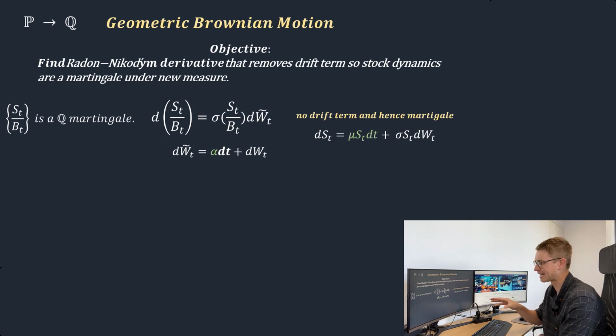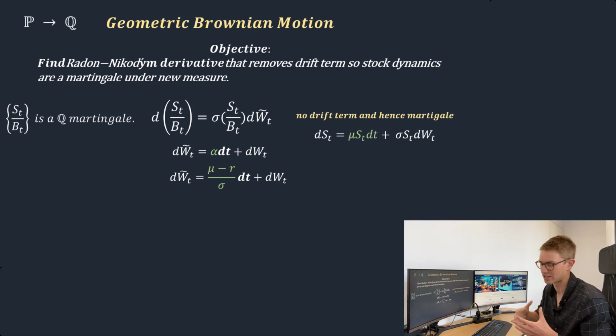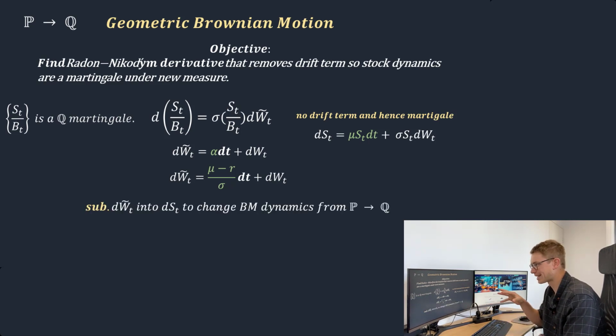You see we've just added that alpha dt, the deterministic component, and we determined that alpha was equal to mu minus R over sigma, over the volatility, which is what we call this market risk parameter. Now if we substitute that dW tilde t into our dynamics formula in the top right-hand side there, you can see that we get the change of the Brownian motion dynamics from the physical probabilities to the new risk neutral probabilities.